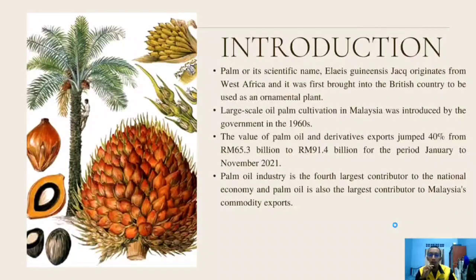Large-scale oil palm cultivation in Malaysia was introduced by the government in the 1960s. The value of palm oil and derivative exports jumped 40% from RM65.3 billion to RM91.4 billion for the period January to November 2021.